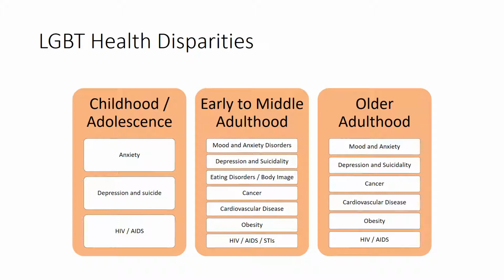Health disparities is a term that we use to denote when a certain population has worse health outcomes or more diseases or more health problems as compared to another population. There's a disparity. And so there are quite a few health disparities among LGBT people when we compare them to non-LGBT people. And these disparities are across the lifespan, starting in childhood, going into adulthood, and then going into older adulthood.